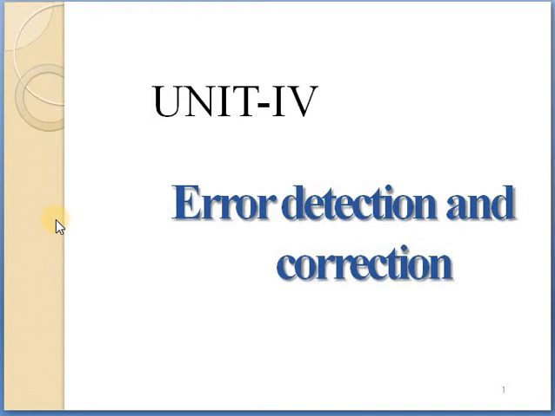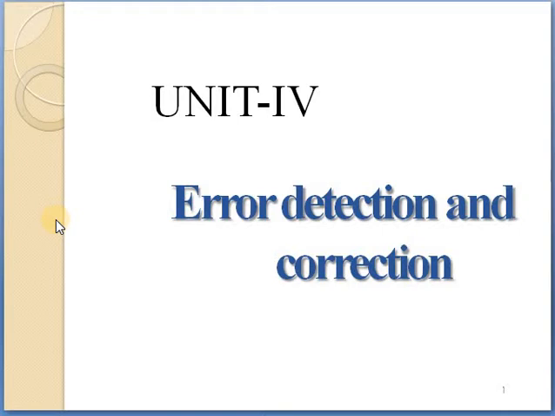Error detection and correction are implemented either at the data link layer or the transport layer of the OSI model. In a digital communication system, totally error-free transmission is not possible due to transmission impairments. At the receiving end, there should be a mechanism for detecting the errors and, if possible, for their correction.